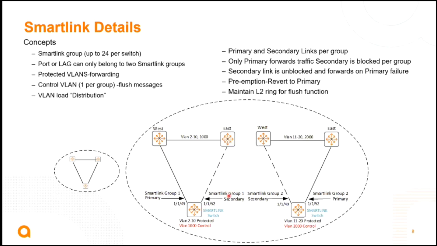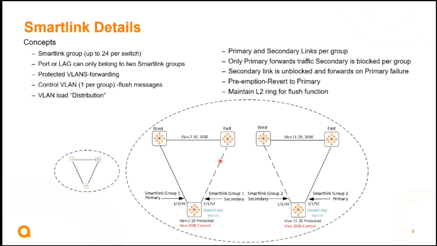And this is my first Smartlink group with 2 links. I've defined a protected VLAN and a control VLAN. The protected VLAN will go up on the west switch, and if there's a failure, it will revert to the east switch under a failure situation.